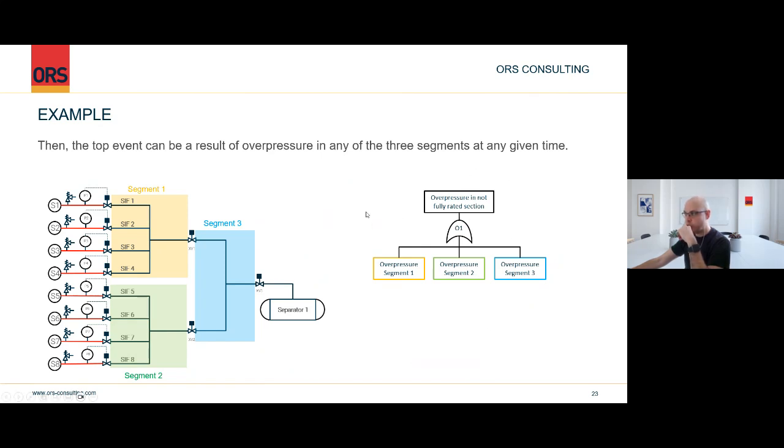So then overpressuring any part that is not fully rated is overpressure in segment 1 plus overpressure in segment 2 plus overpressure in segment 3, right? So I put an OR gate and I say either this or that can lead me to an overpressure of any of the non-fully rated sections.